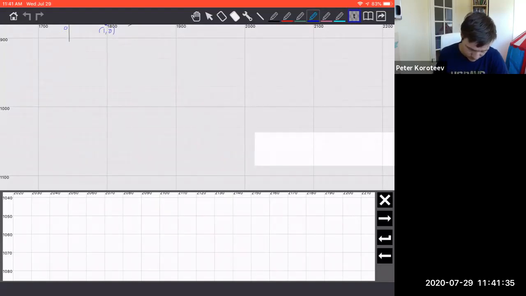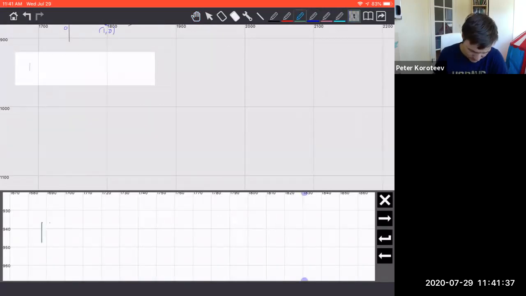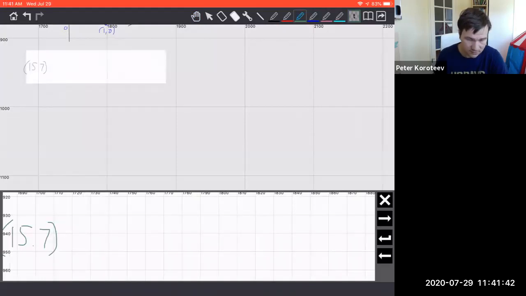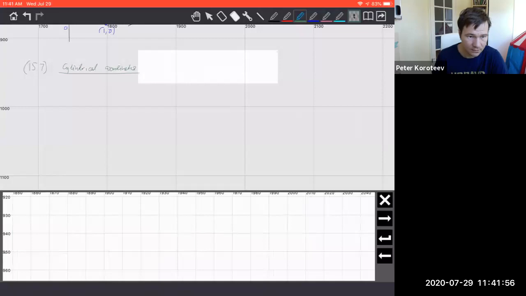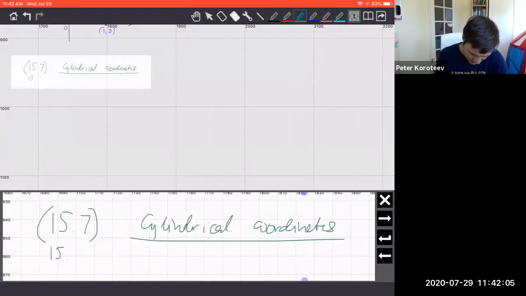So next we go to 15.7, which is cylindrical coordinates. Well, let me do them at once. 15.7 and 15.8, cylindrical and spherical.